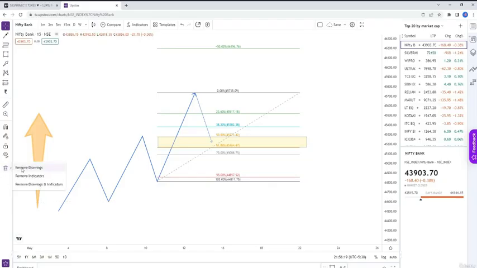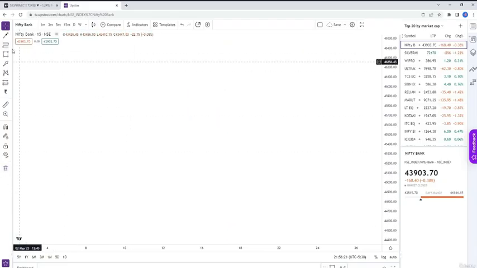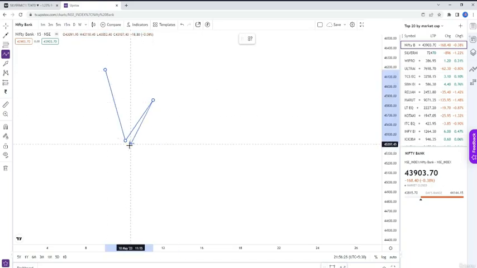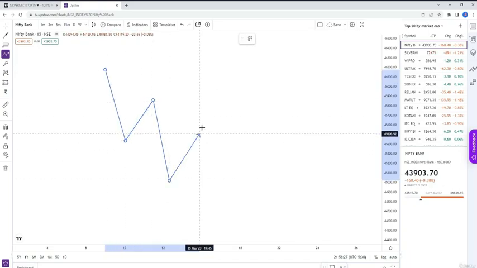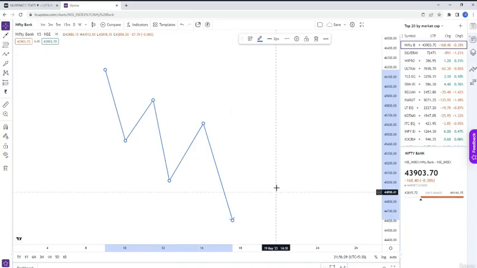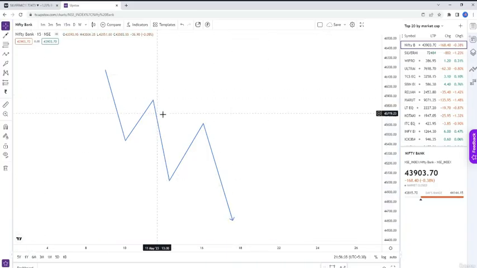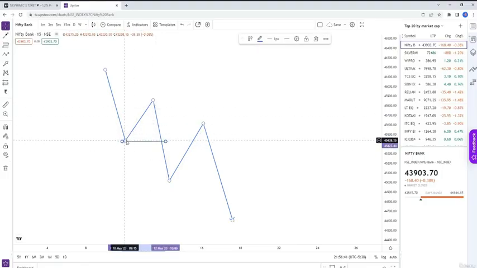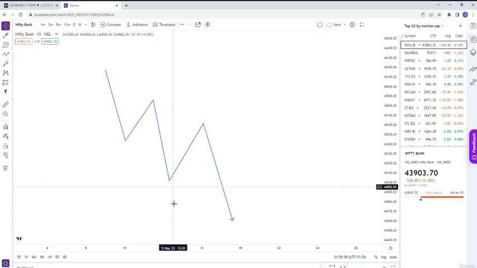Now let me draw for a downtrend. Let's talk about a downtrend. The market is going down, taking a pullback, breaking the structure to the downside, taking a pullback, breaking the structure to the downside. Here you see the market has broken this structure right here, this swing to the downside. As soon as the structure is broken, only then do we draw Fibonacci, where some structures are broken and you can see some leg.